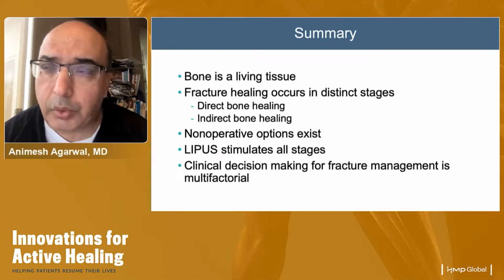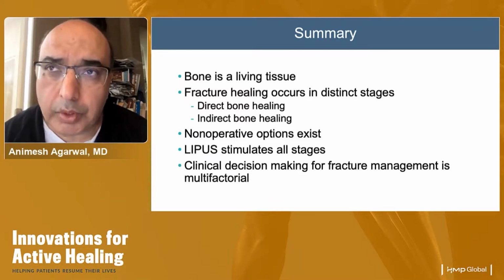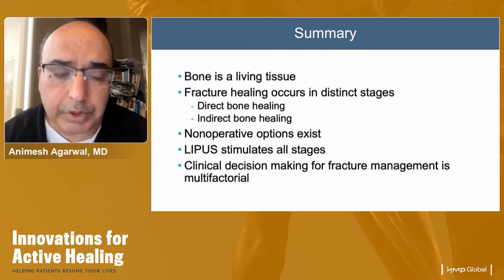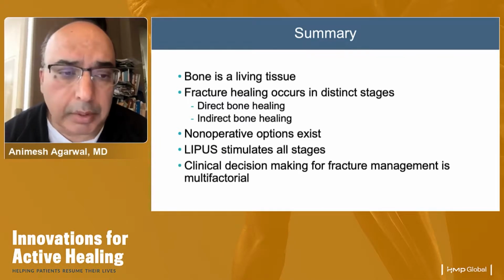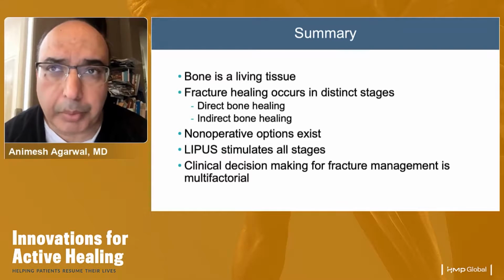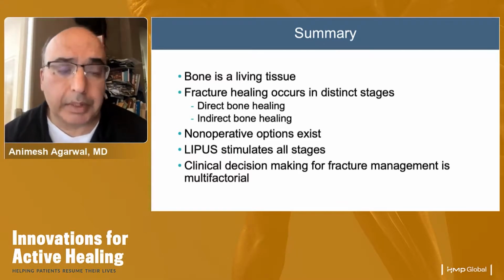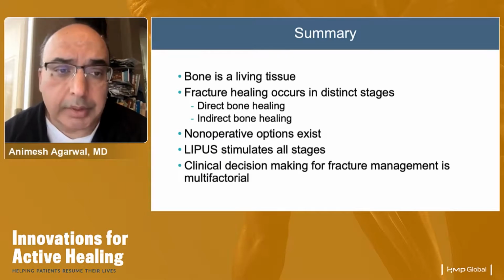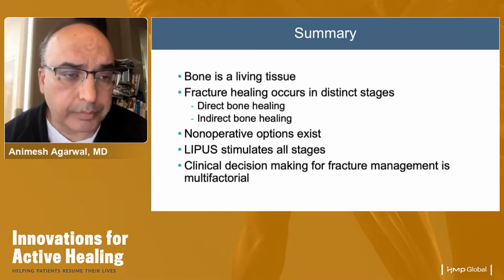Although we can't correlate it one-to-one, that vitamin D insufficiency or deficiency actually leads to a non-union, but I think it's in the patient's best interest to have them primed in the best way possible to make sure that they have adequate vitamin D as well as calcium. Additionally, nutritional factors need to be taken into consideration.